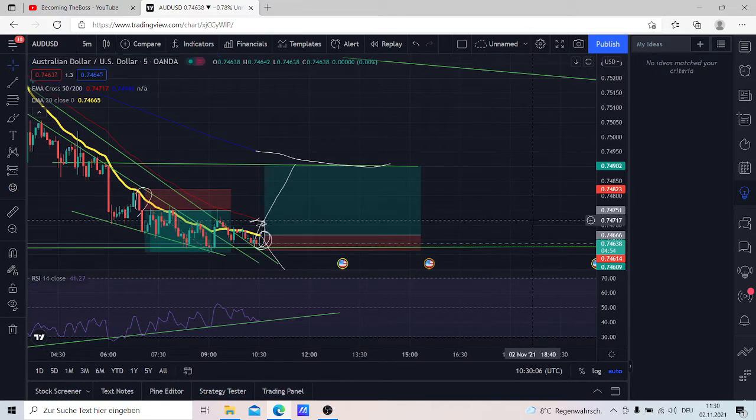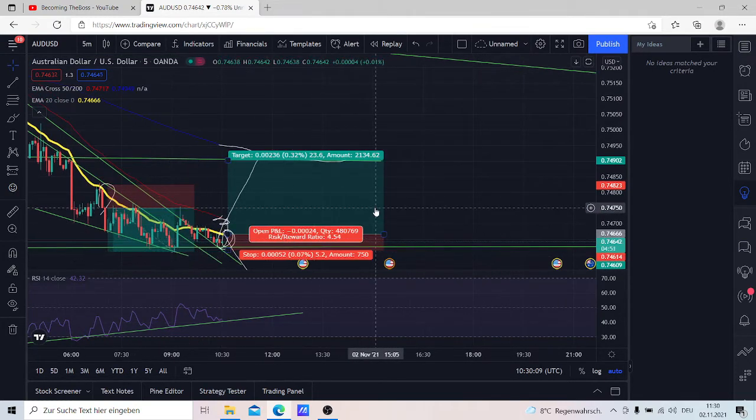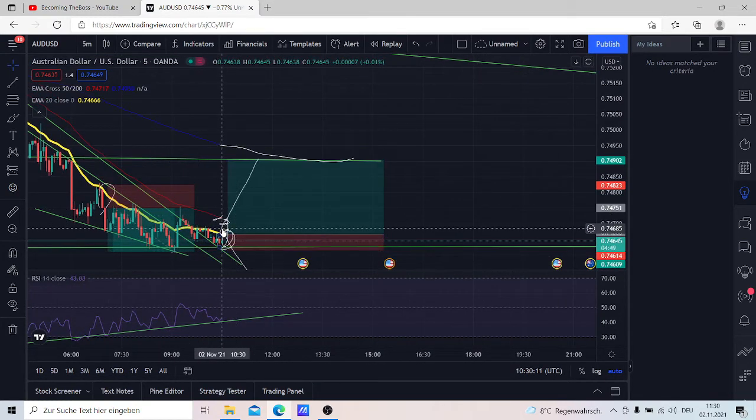So this would be another option. Depending on what kind of candlestick occurs first, this will be the trade to take.